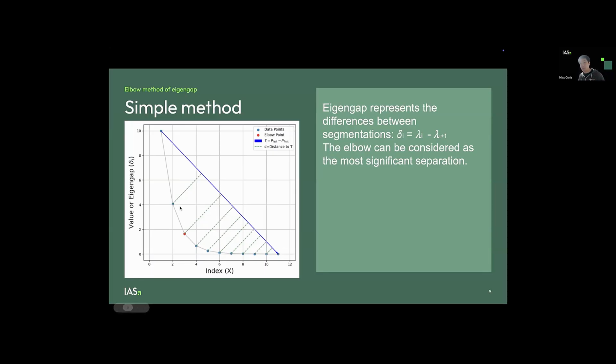That elbow represents where the eigengap is the biggest. The eigengap being the biggest represents the most significant separation of the different segments, and after that the segmentation significance reduces drastically. Thus we use the elbow method.